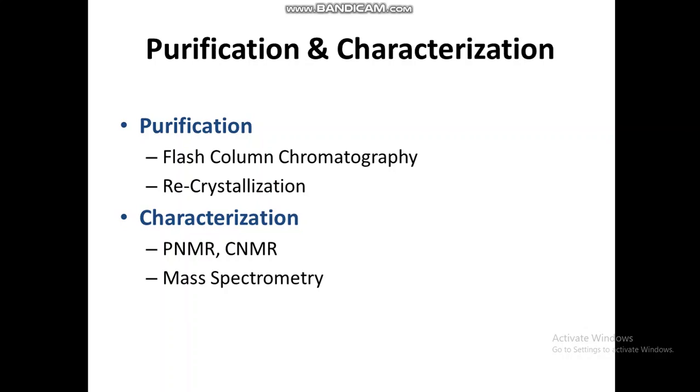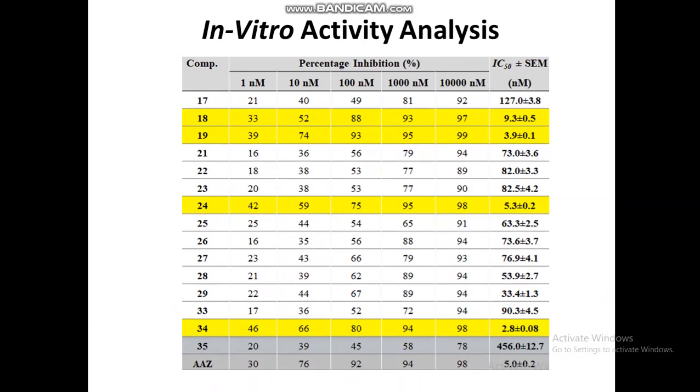After this purification and characterization, we performed their activity analysis against different human carbonic anhydrases. It is an in vitro activity, performed experimentally in the lab.